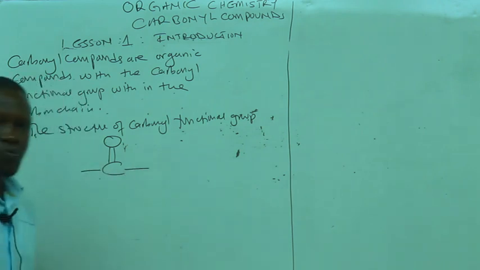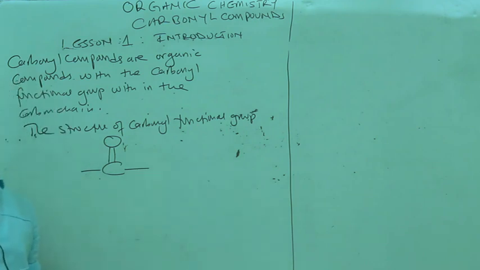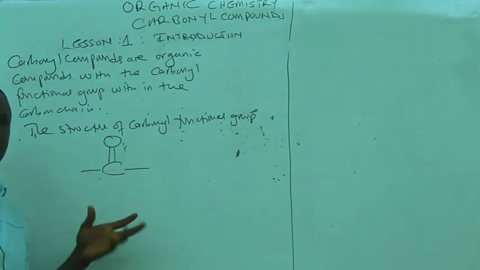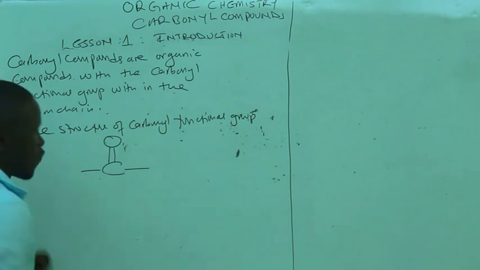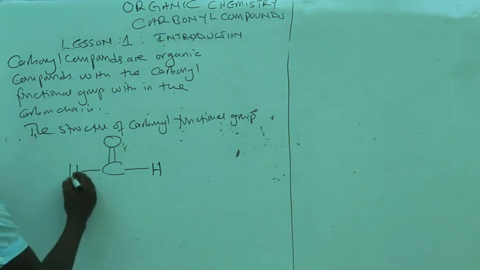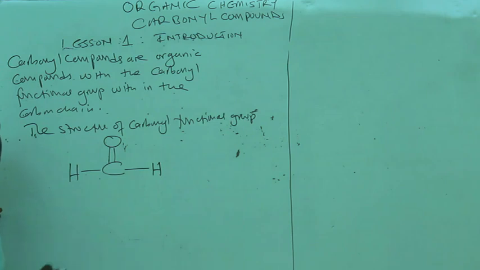Now, on one side of the carbonyl functional group, we could have either H or alkyl groups. If we had H on this side and H on that side, this gives us a certain carbonyl compound.